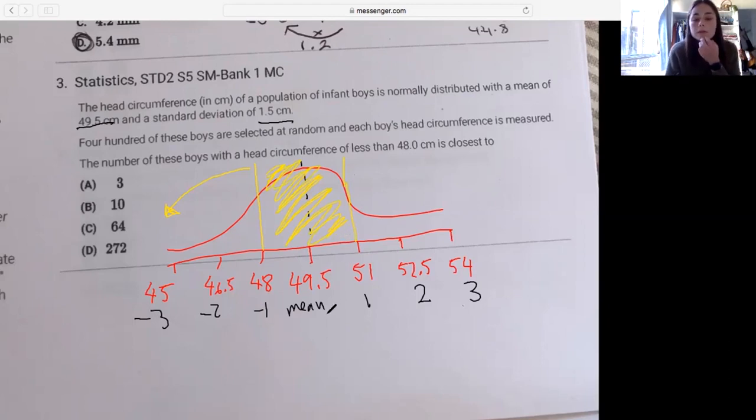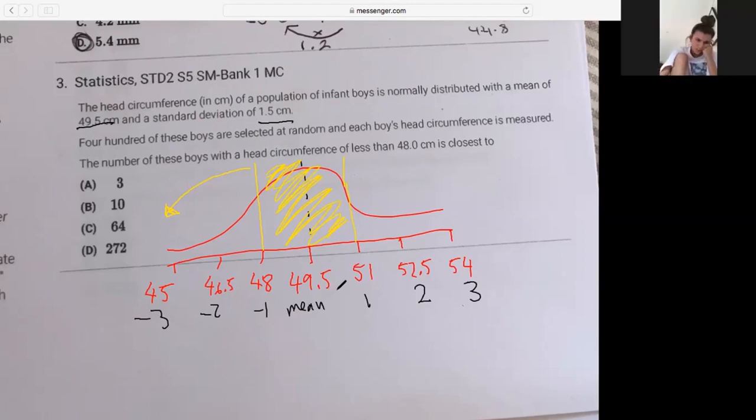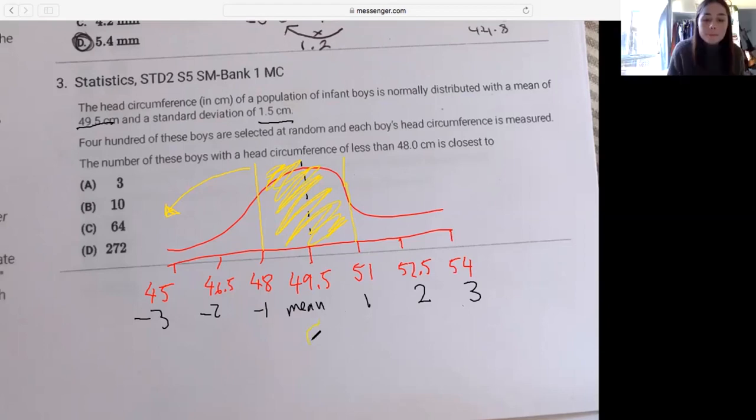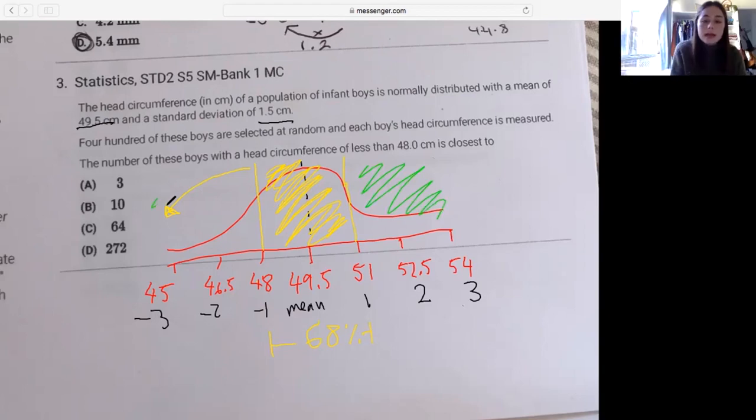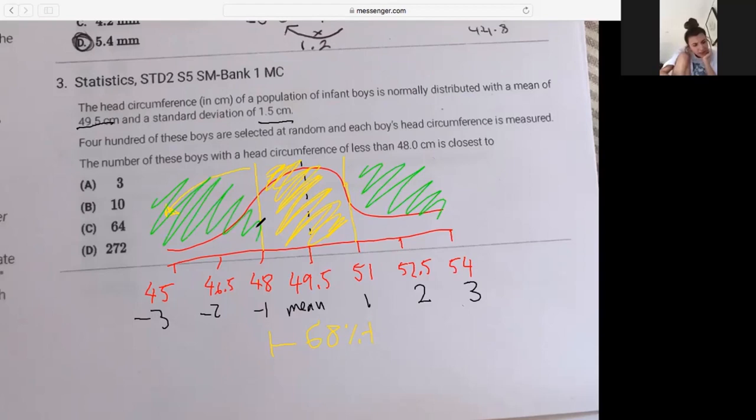It says on your reference sheet, I'm pretty sure. 68%. Mm-hmm. So if there's 68% between 1 and -1, then there must be 32 split on either side. Wait, it said 95% between -2 and 2.